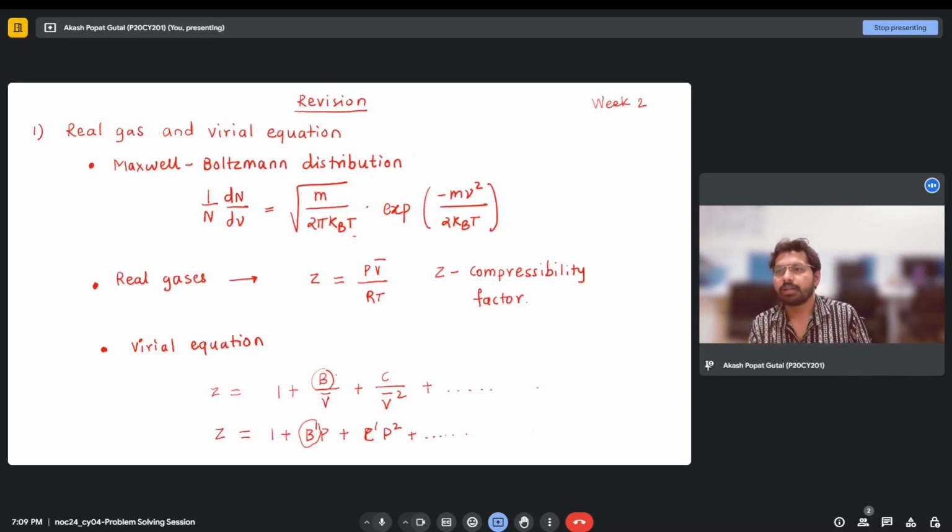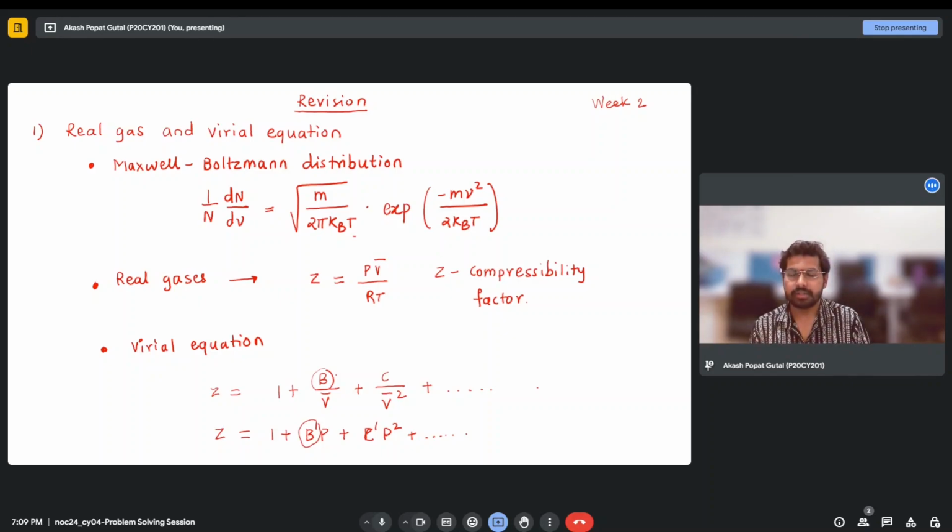In the second week, we moved towards the real gas and virial equation. We introduced the Maxwell-Boltzmann distribution, the important distribution describing how the velocities of gas molecules are distributed.